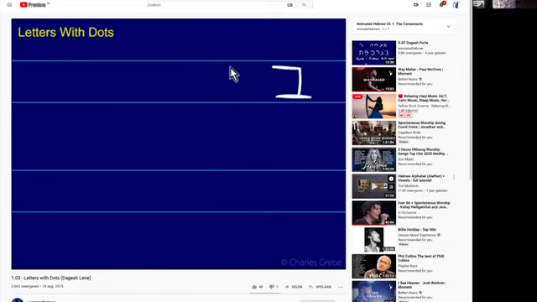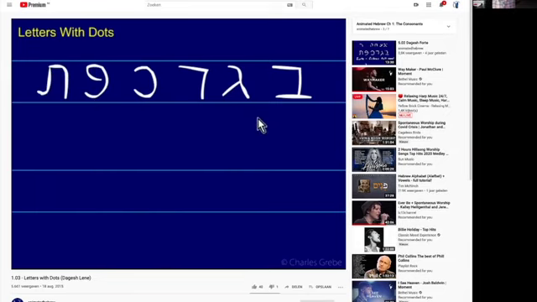B, G, D, K, F, and T, hence Bagad Kafat. Now let's write them again down here with their dots.